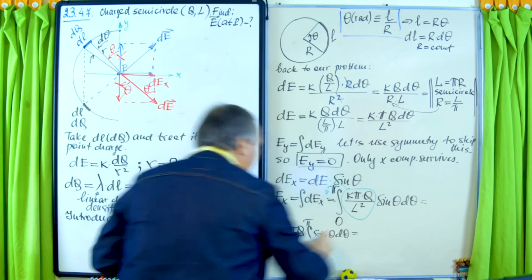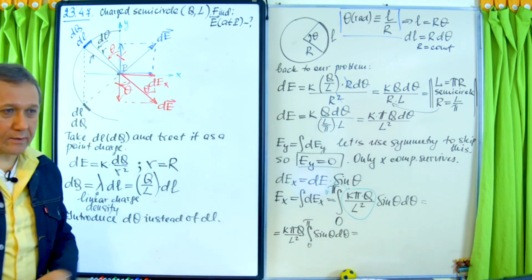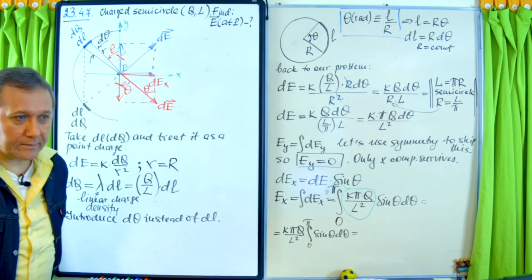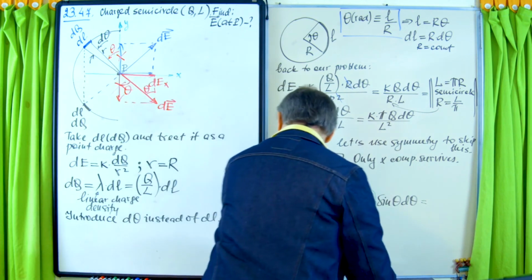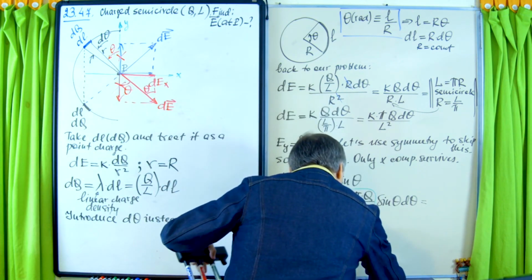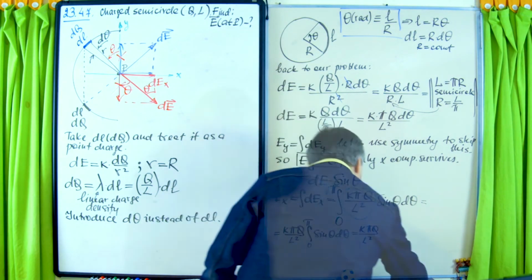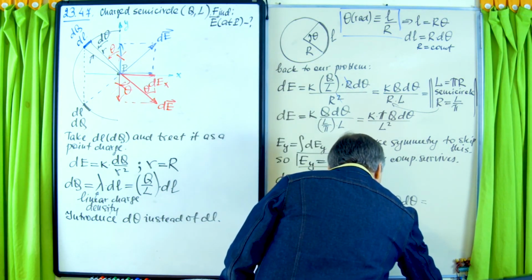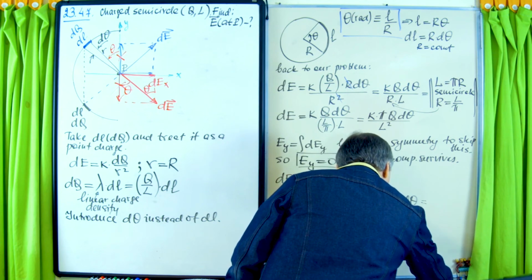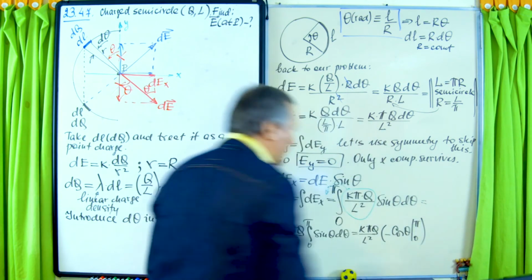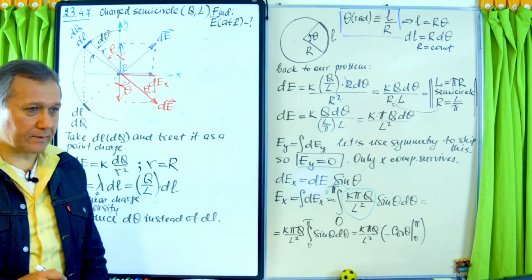This is a trivial integral. The integral of sine is minus cosine. So it's minus k pi q over L squared times cosine theta with limits from 0 to pi.